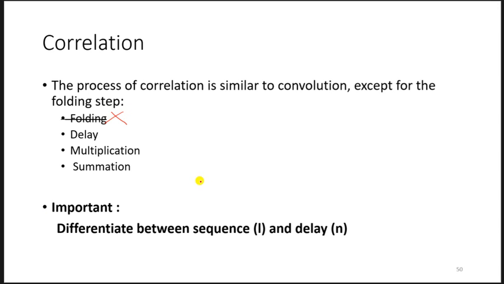Itu sahaja. Okay, so correlation selalunya digunakan untuk sonar, where they send signals in the ocean, and then dia nak detect, dia akan bandingkan signal yang dia hantar tu dengan signal yang dia dapat balik.